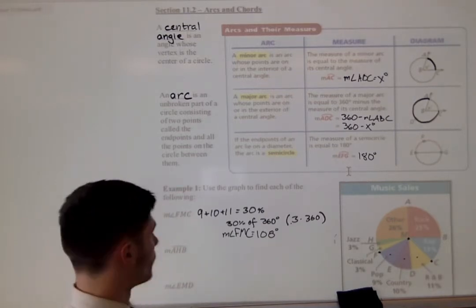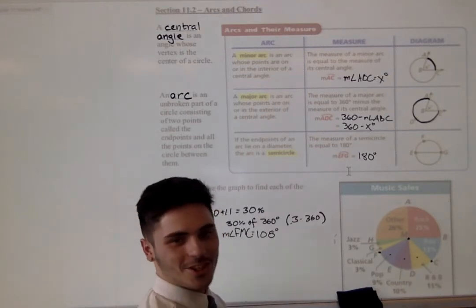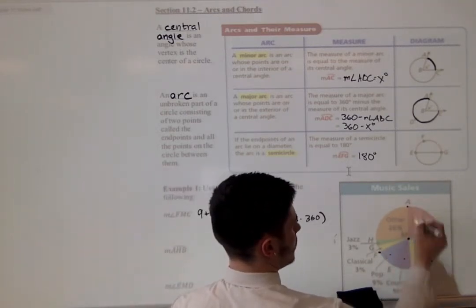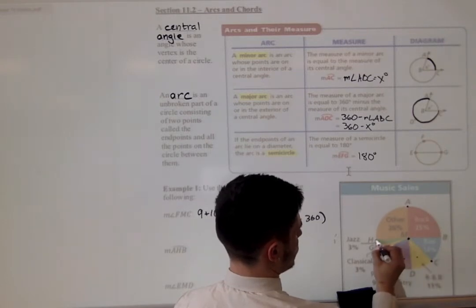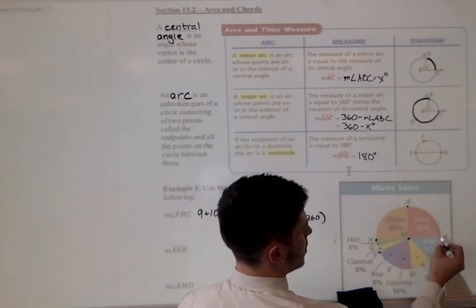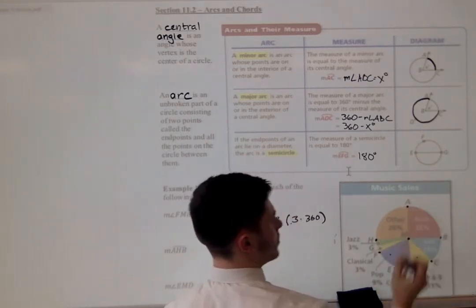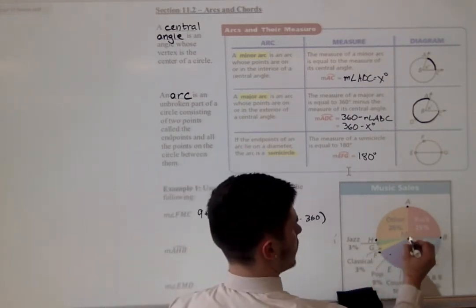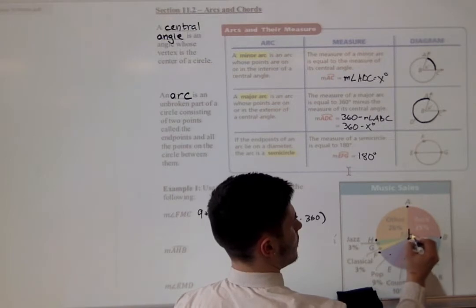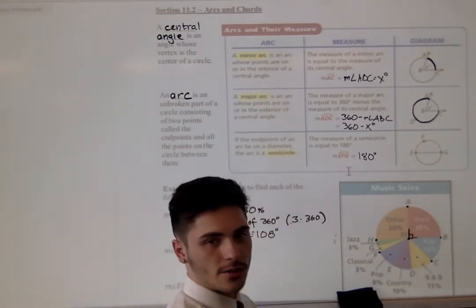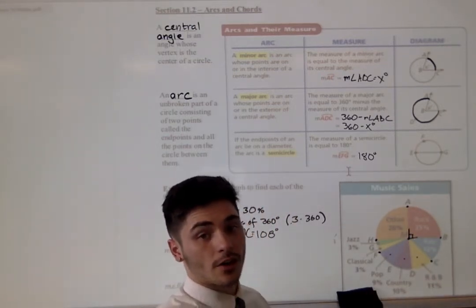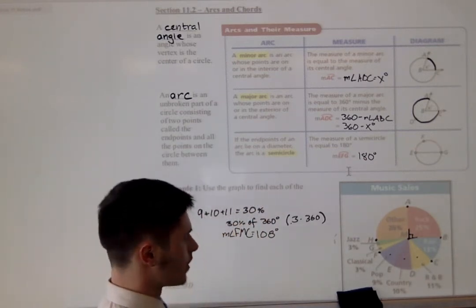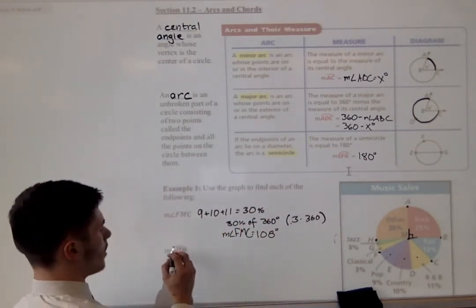Example 2, we're looking for the measure of angle AHB. So we're going to start here. A is over here, and B is all the way over here. So in this case, we're looking for a major arc, because we have a central angle right here, which is 90 degrees, and we're looking for the entire rest of the measurement. And we know that we're looking for an arc because of this sign.